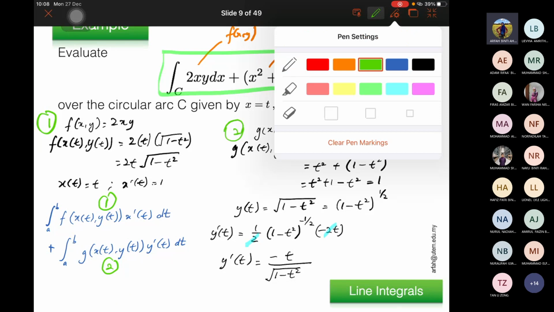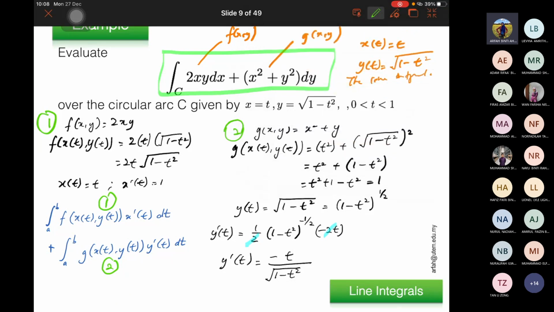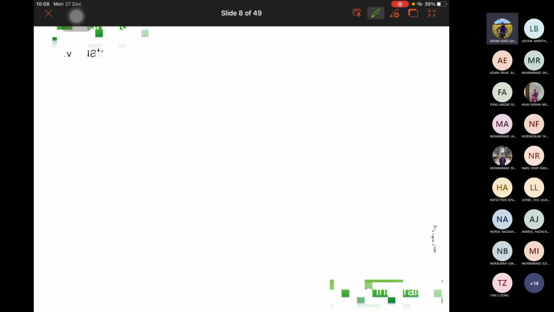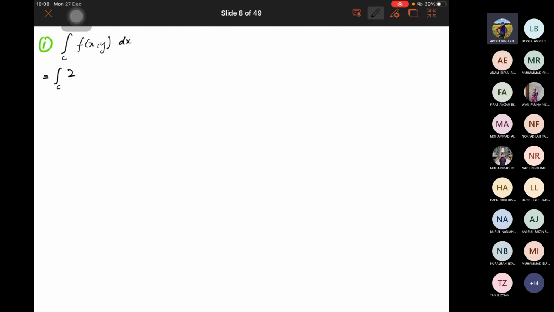So the first one, the first part, okay, integration over the curve C f(x, y) dx equal to integration over the curve C 2xy dx.